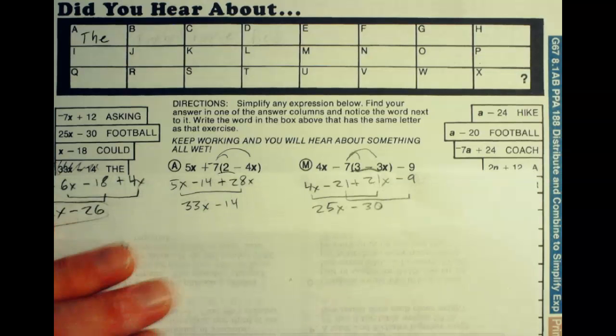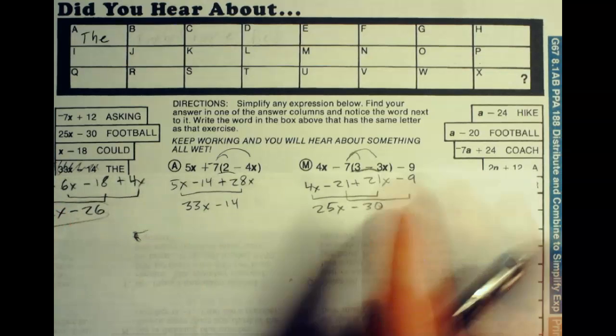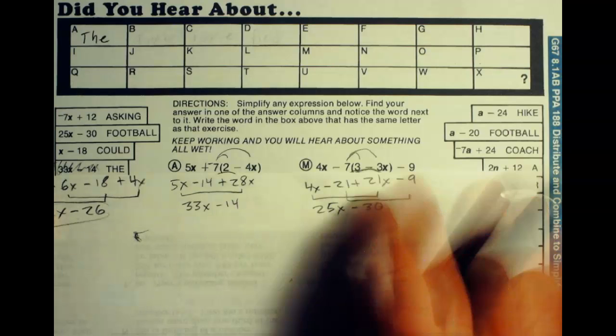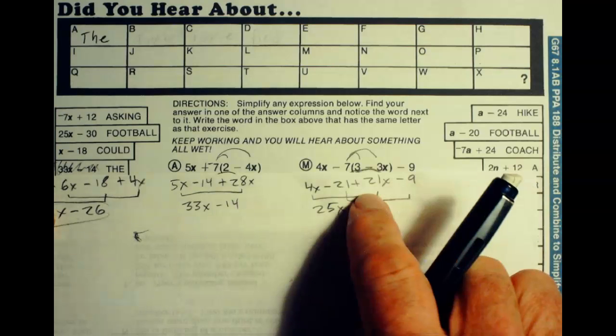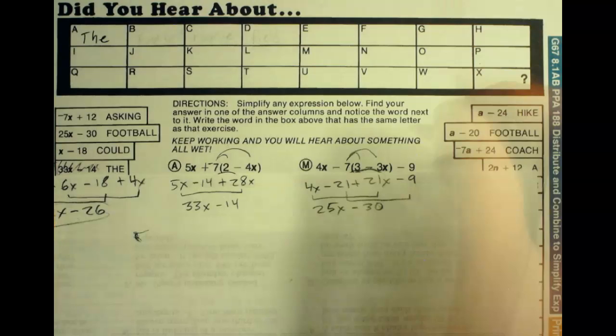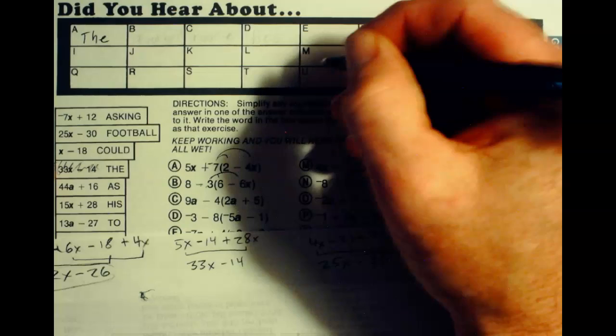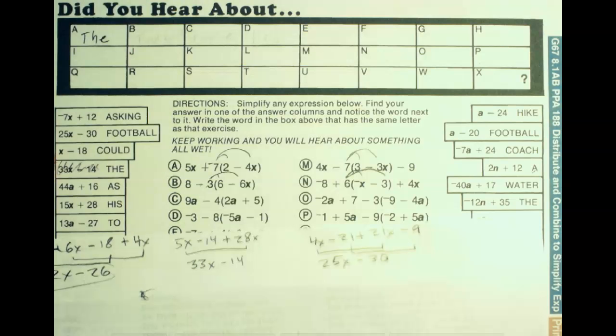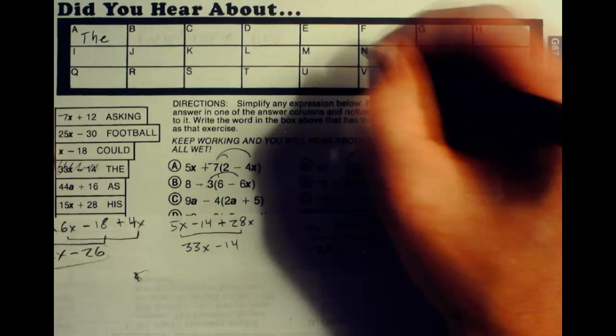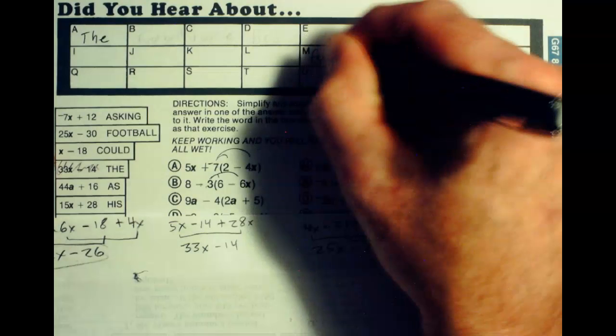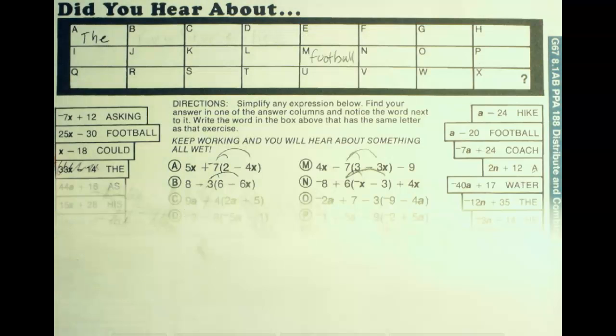So it is right, but this is M. So M is going to be football. And 25x minus 30, yeah, M, football. Sorry about that. I was thinking they were in order.